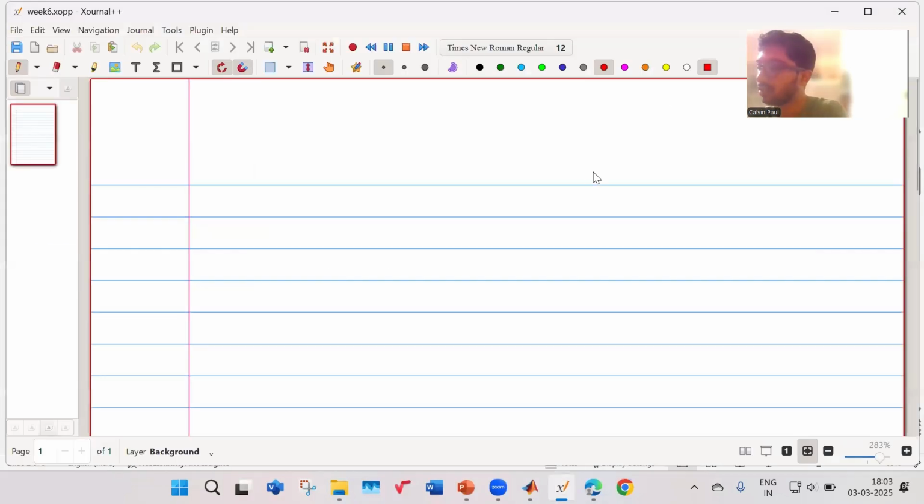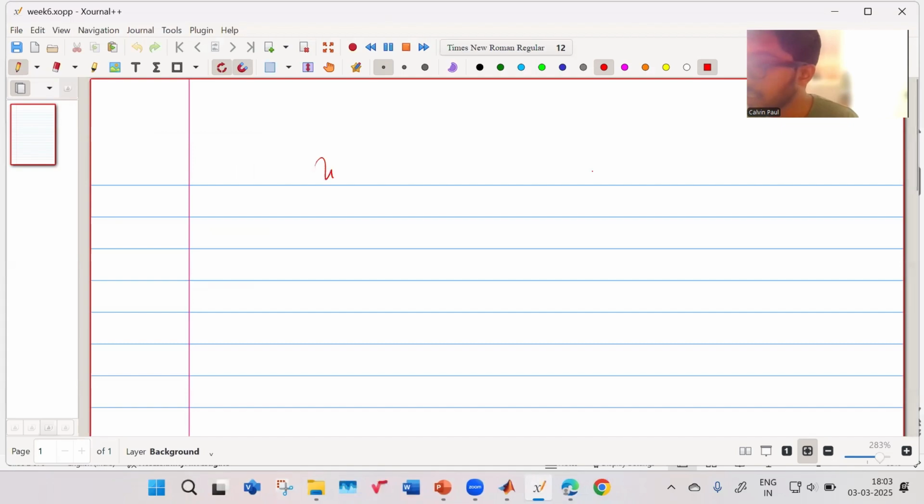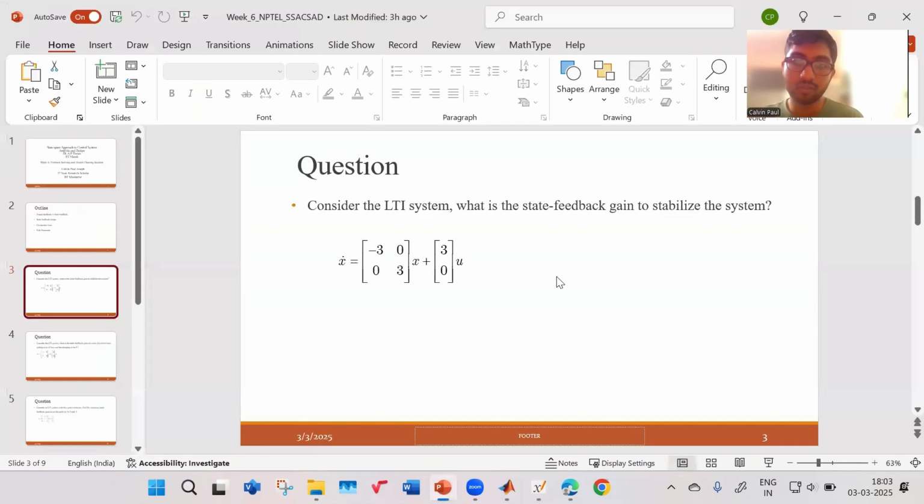So today is week 6, and we'll start with the first question. Consider an LTI system, and now we have to find the state feedback gain to stabilize the system.